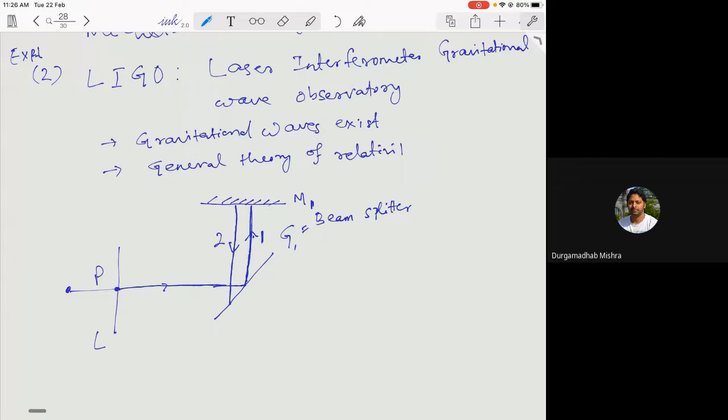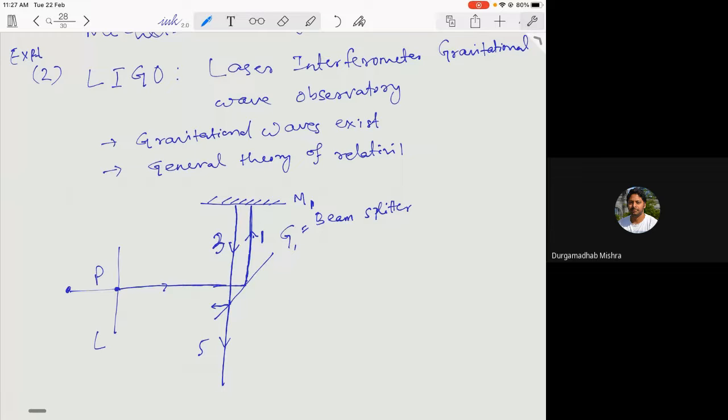We call this 3, and then it will be partially reflected in this direction, and transmitted along this direction, which is 5. You will understand why I'm numbering them. So first partially reflected 1, then reflected from mirror M1, and then transmitted through the beam splitter, which I call beam 5.